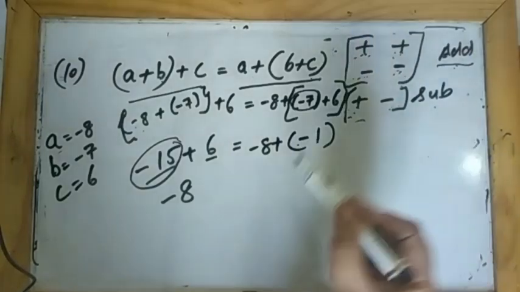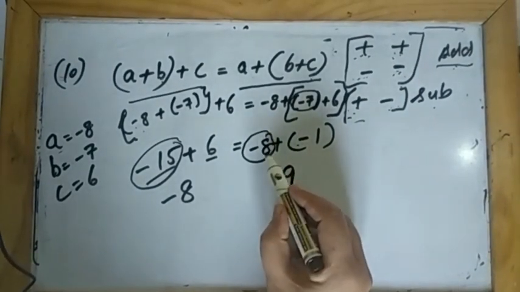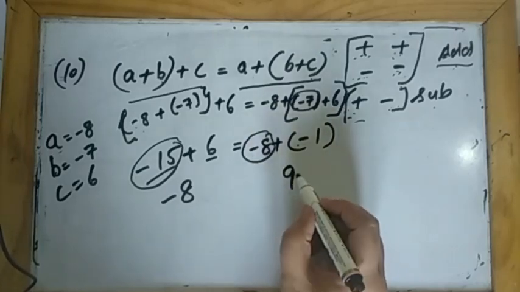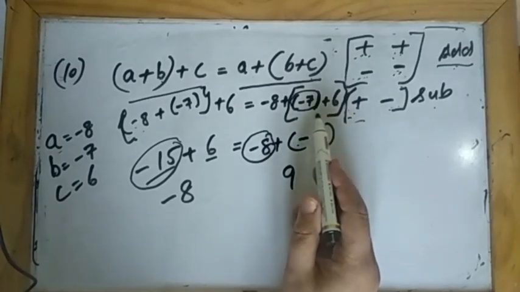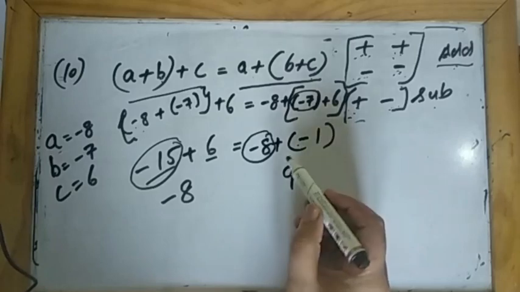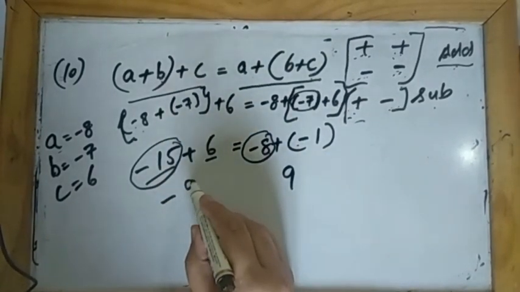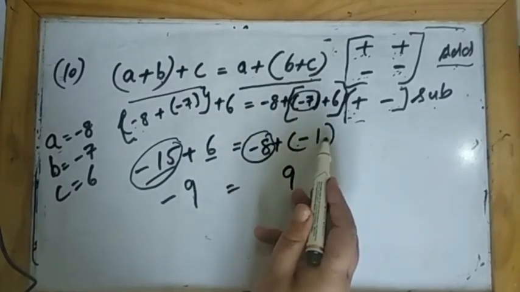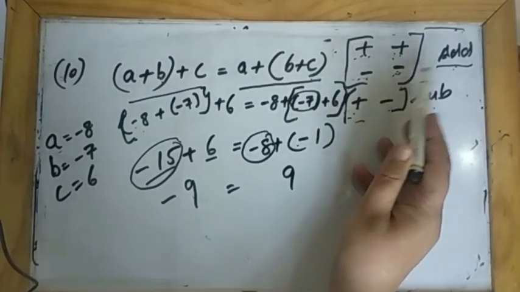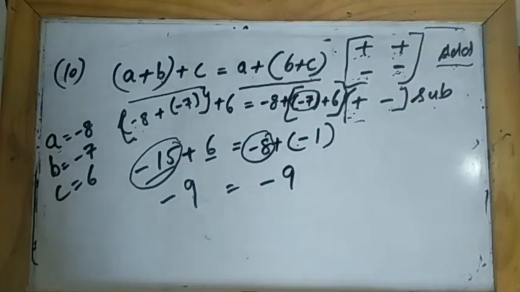It means I have to add them, and the sign will be of the bigger integer, which is negative, minus 8. So my answer, where I have done some mistake, so sorry, this is minus 9, and here also when you add minus 8 and minus 1, both are negative, and I have to add, so my answer will be minus 9.